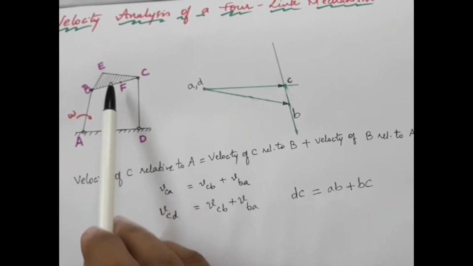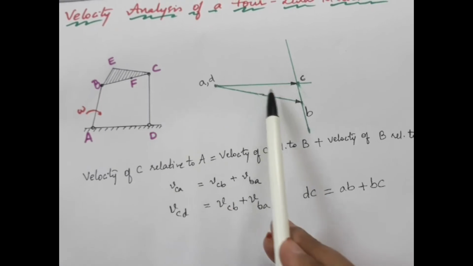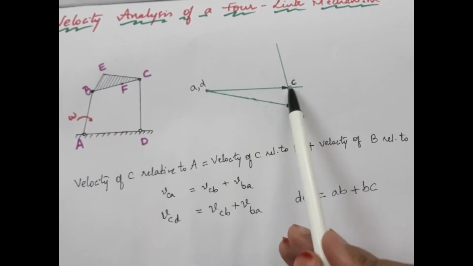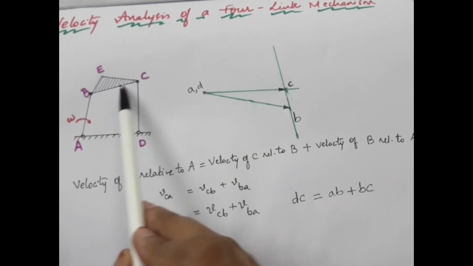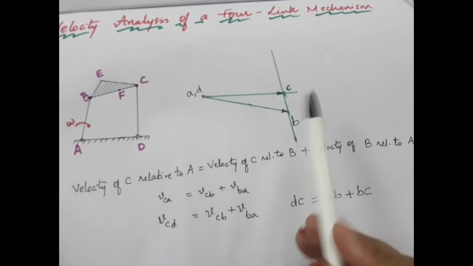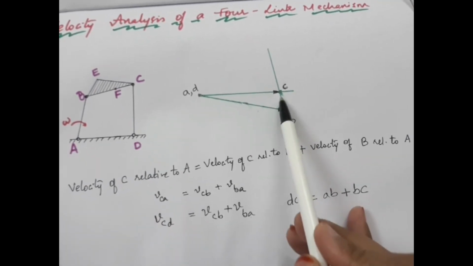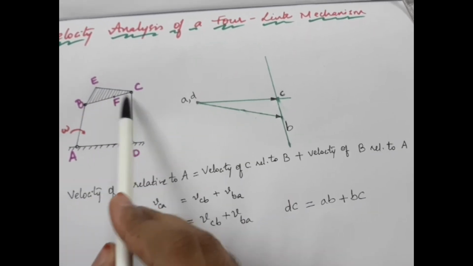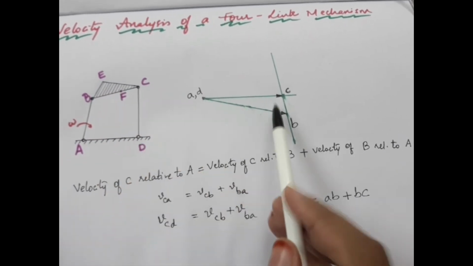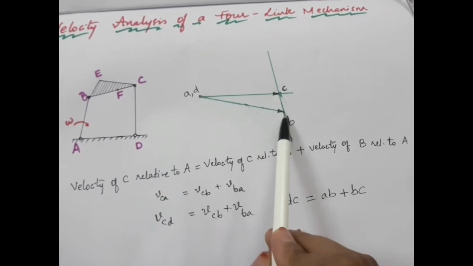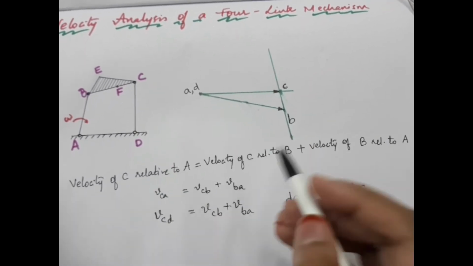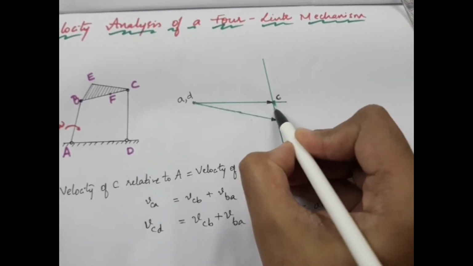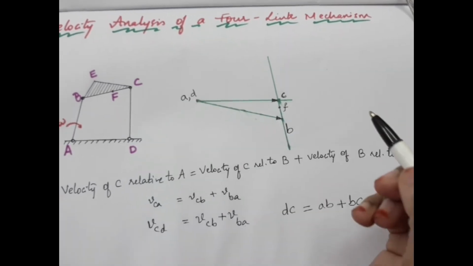Now we can similarly find point F on this particular vector. BC is here. So we know that FC by FB will be equal to FC by FB here also. Since this is all taken to scale, we have to find the ratio of F on BC, and accordingly follow the same order here. So based on that, our F is somewhere here.